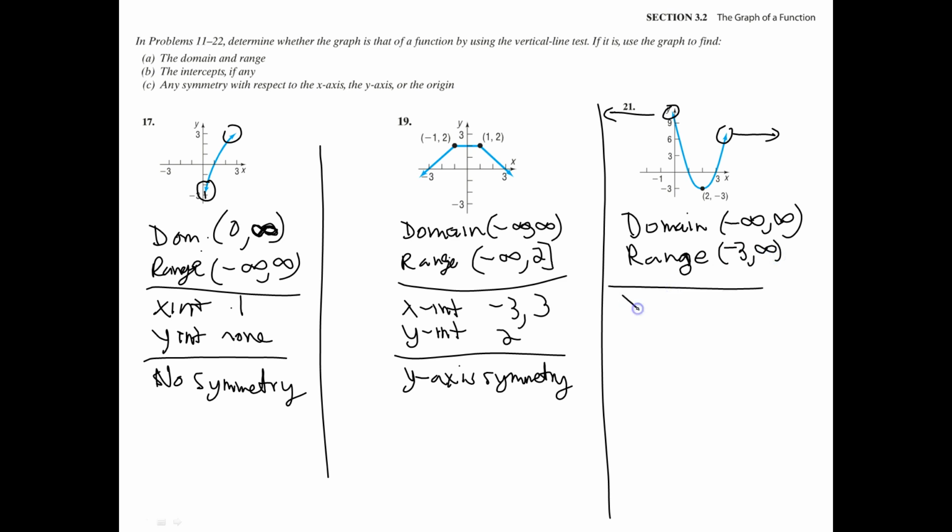The intercepts, there are X-intercepts of 1 and 3. And it looks like there's a Y-intercept of 9. And there is no symmetry because the parabola has been shifted over, so the symmetry that it would have had with the y-axis is gone.